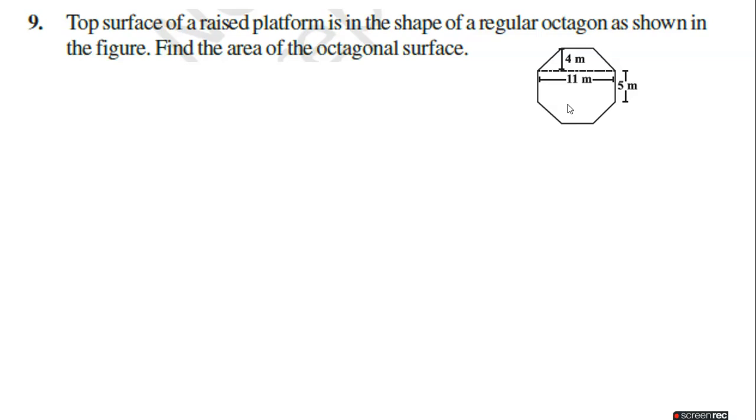Top surface of a raised platform is in the shape of a regular octagon as shown in the figure. Area of octagonal surface we have to find. So easy. Okay, you tell me how we will find this. One minute.